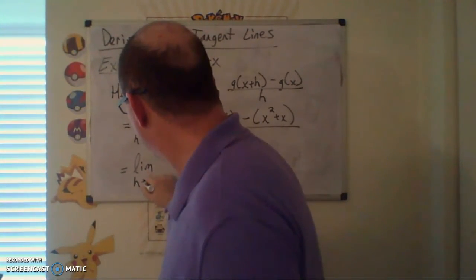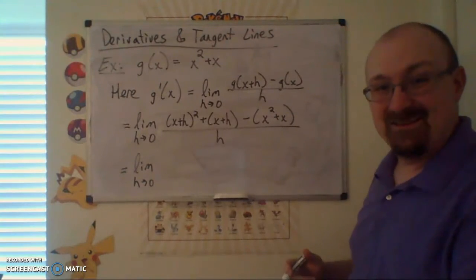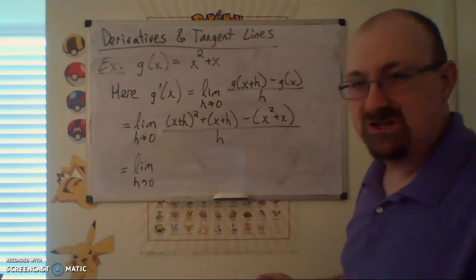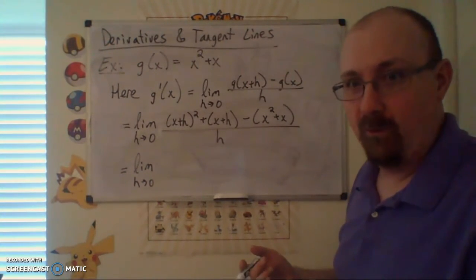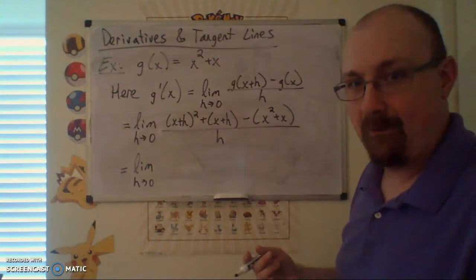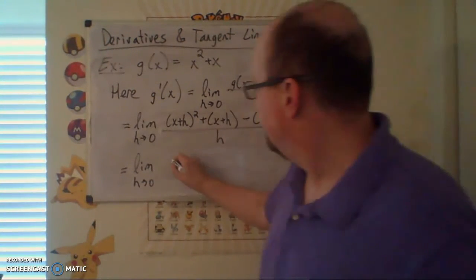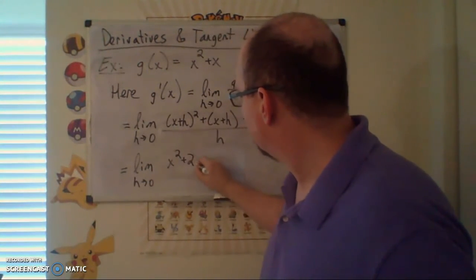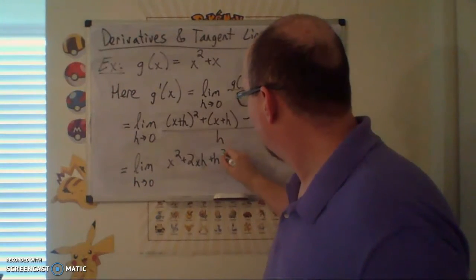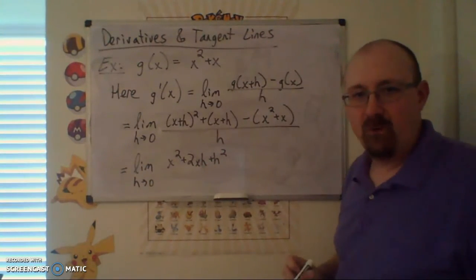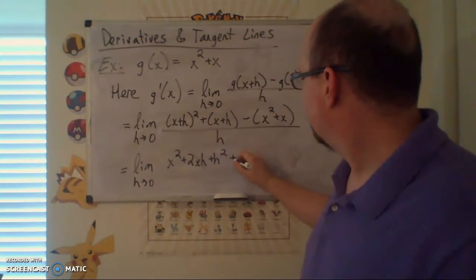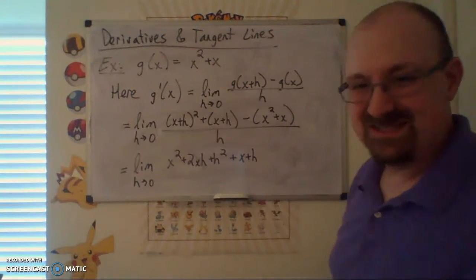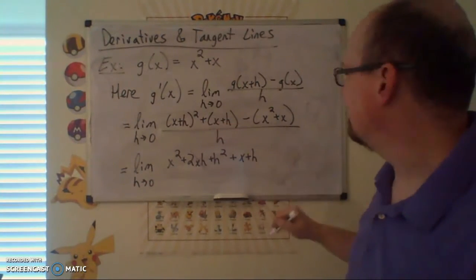So now we've got to expand this stuff. X plus h quantity squared. Feel free to pause if you want to FOIL this or use your grid or however you want to do it. But when I work that out, I get that guy. X squared plus 2xh plus h squared plus x plus h. And I don't really need the parentheses there.